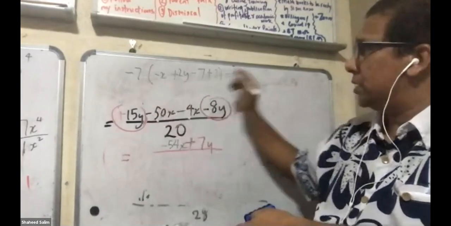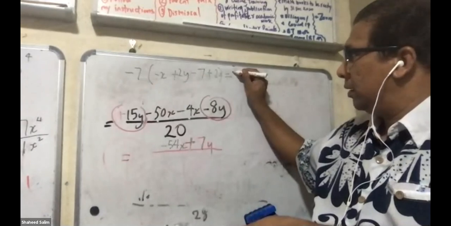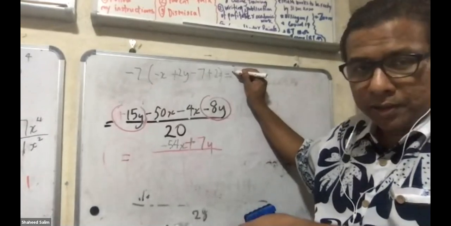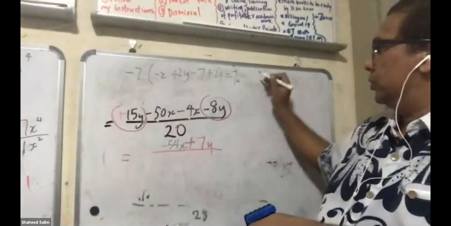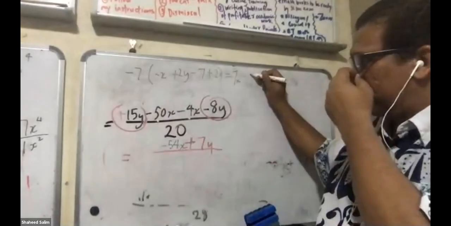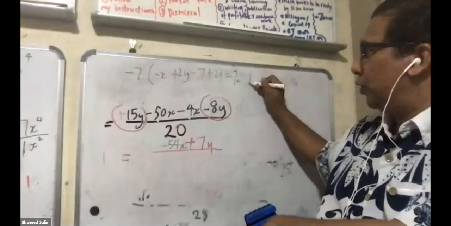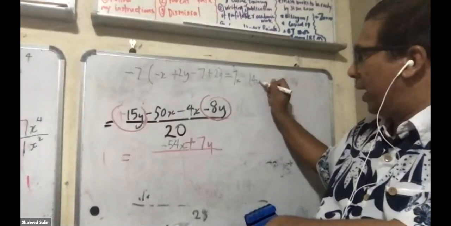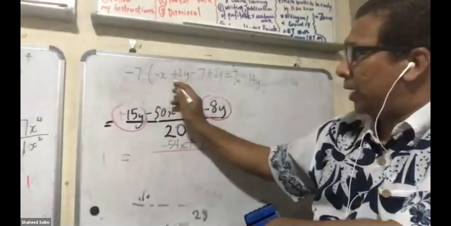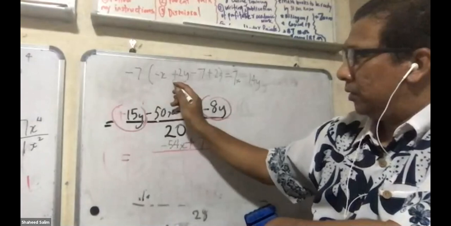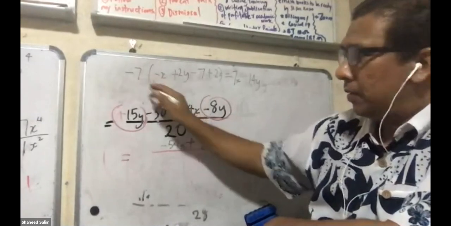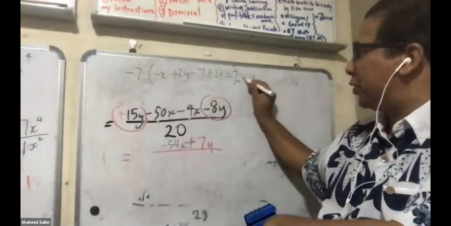Then 7 times x is 7x. Okay, number times number, 7 times 2 is 14y. Is it plus or minus? Negative times positive. Must be minus. That means our friend is not so sure about the times.